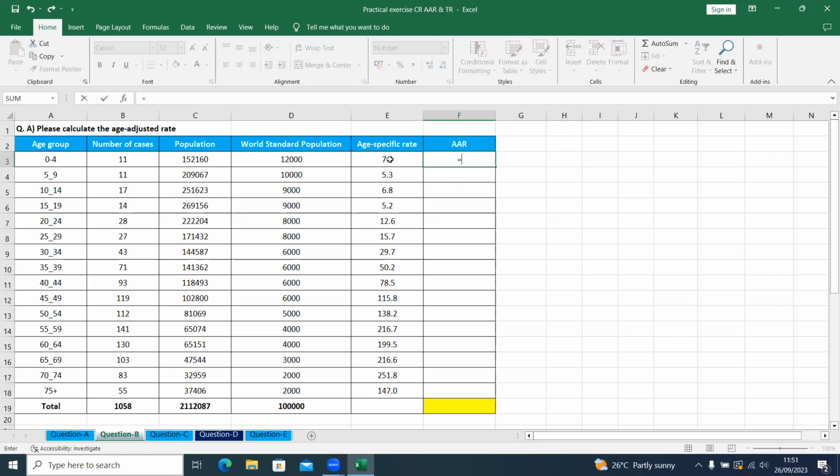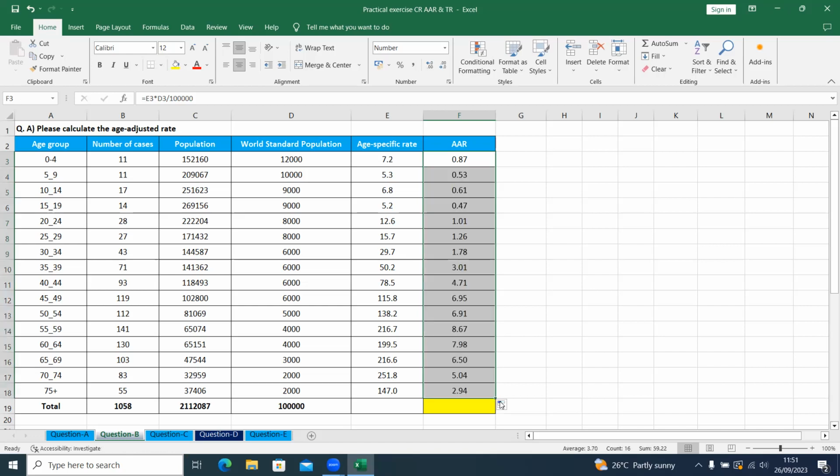Continue the same one, and the summation. What will the summation come? 59 point. Now come to the next column. Sonali, do it here. Don't divide by 100,000.